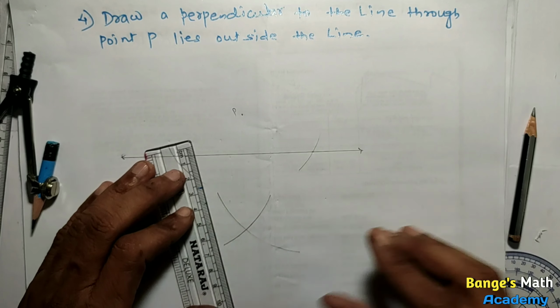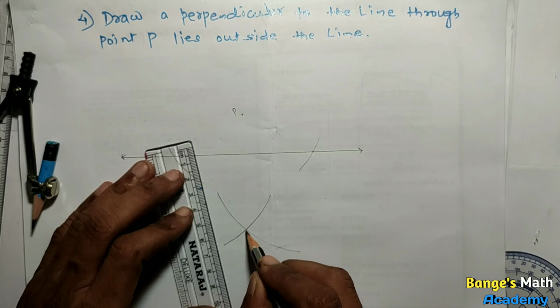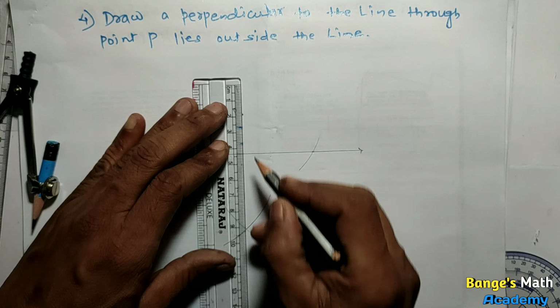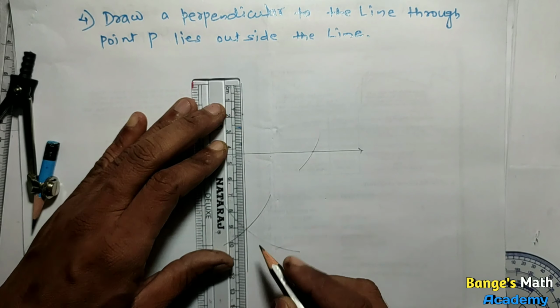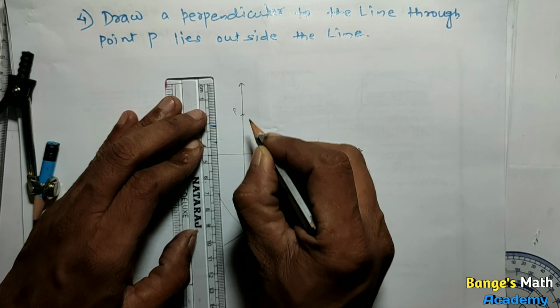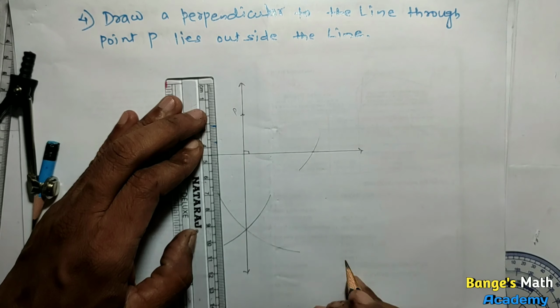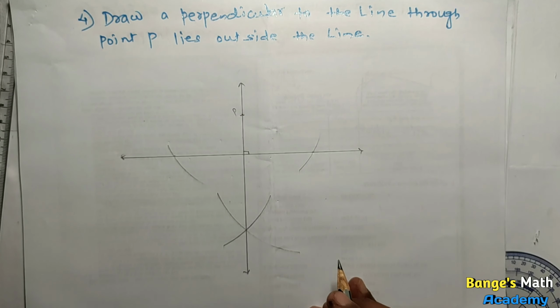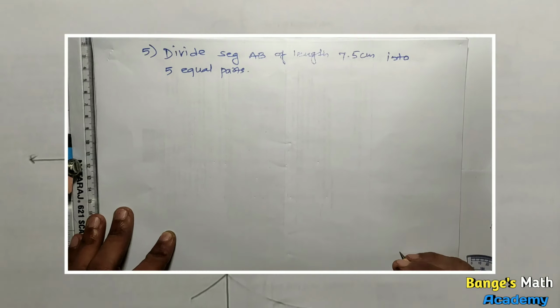Then join this point of intersection and point P with the help of a ruler. We have drawn a perpendicular to the line passing through point P which lies outside the line.